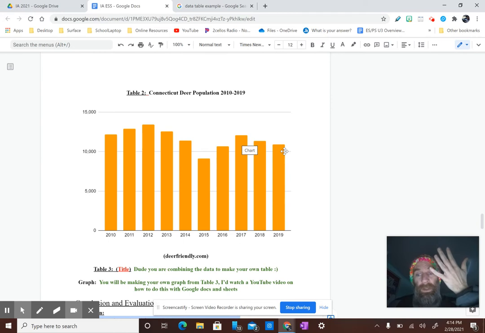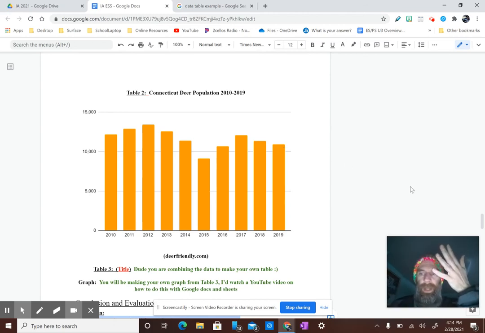So it's not strongly tied to the amount of land that it has. That's more into the evaluation part, but I would put how it goes up, then down, then up, and then down as that fifth observation.